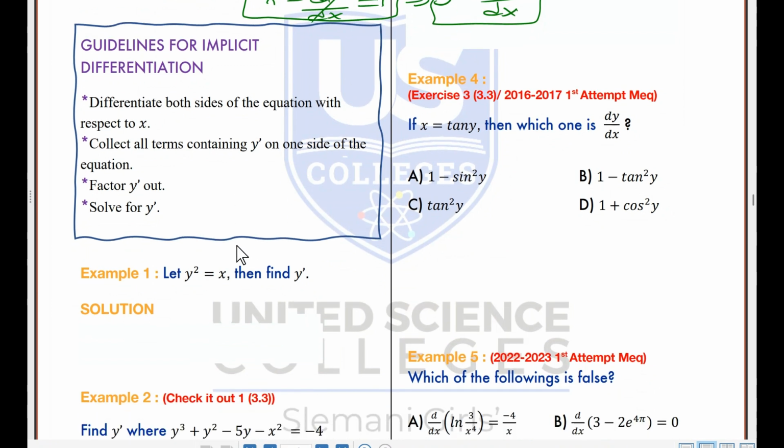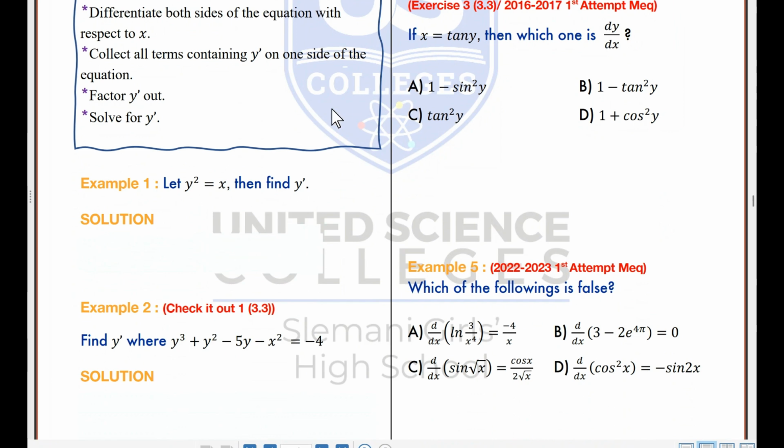First question: let y squared equals x, then find y prime. So we take the derivative of both sides. For the derivative of y squared, you apply the basic differentiation rules, the power rule, to y. You treat y as u. So if you have u squared, what do you do?